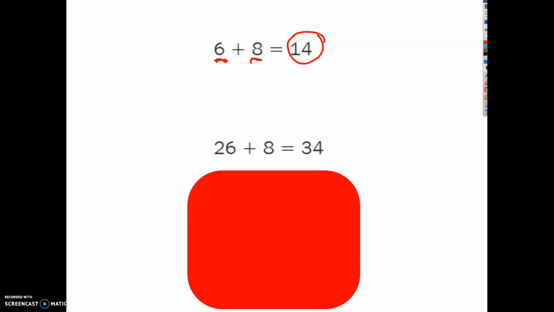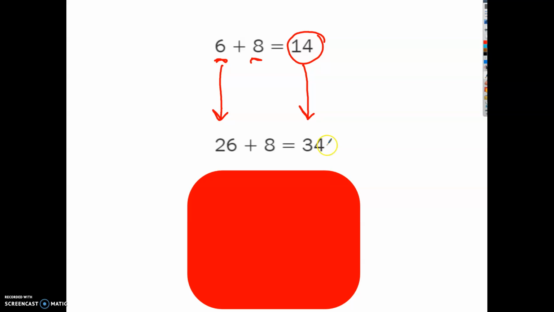How did I get that? Well, when I look here, 26 is 20 more than 6. So that means my answer has to be 20 more than 14. Well, 34 minus 20 is 14, so that will work.